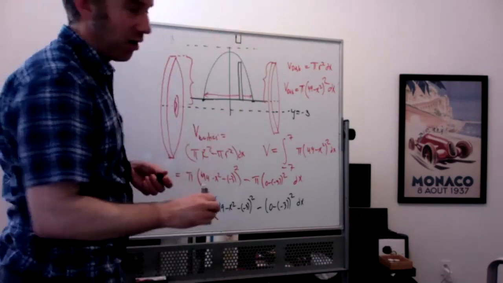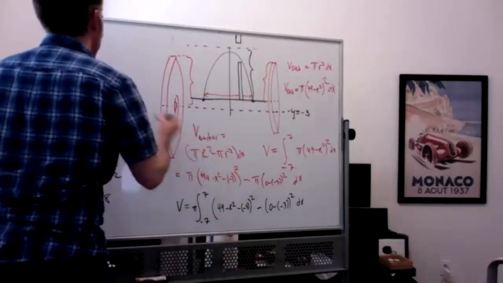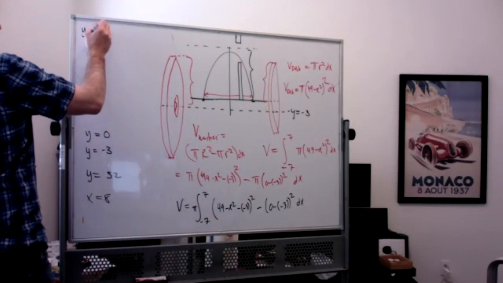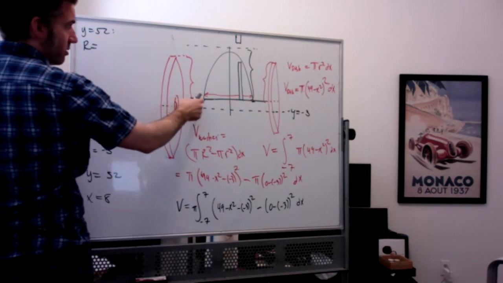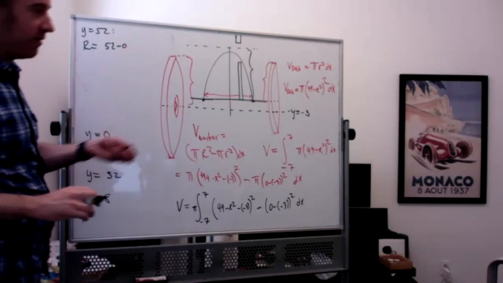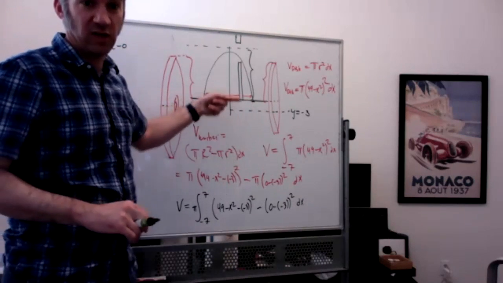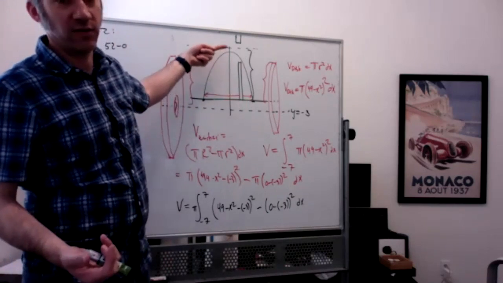And so our outer radius now, for y equals 52, our outer radius is 52 minus 0, right? The function that's further away from the axis of rotation uses your big radius. And y equals 0 is further away from y equals 52.